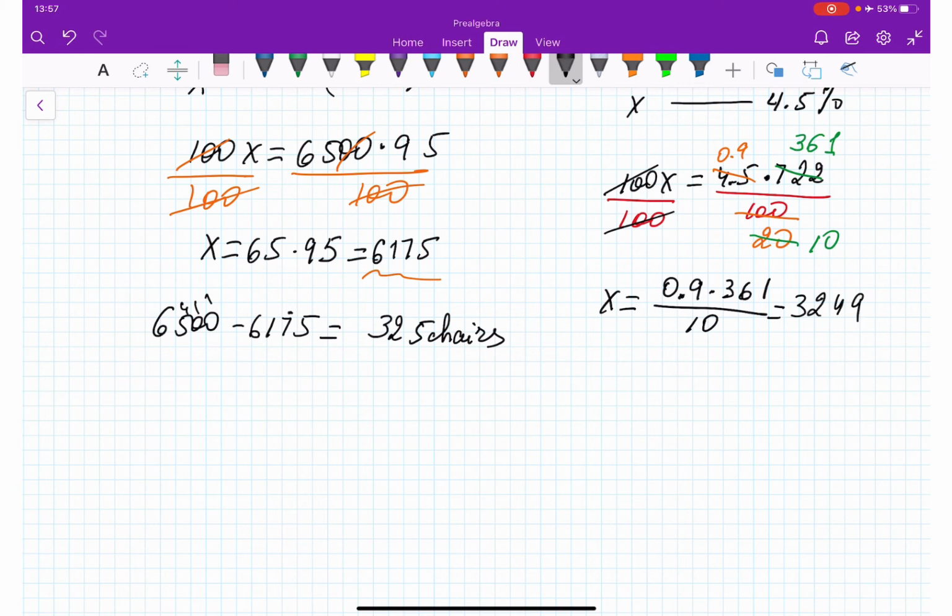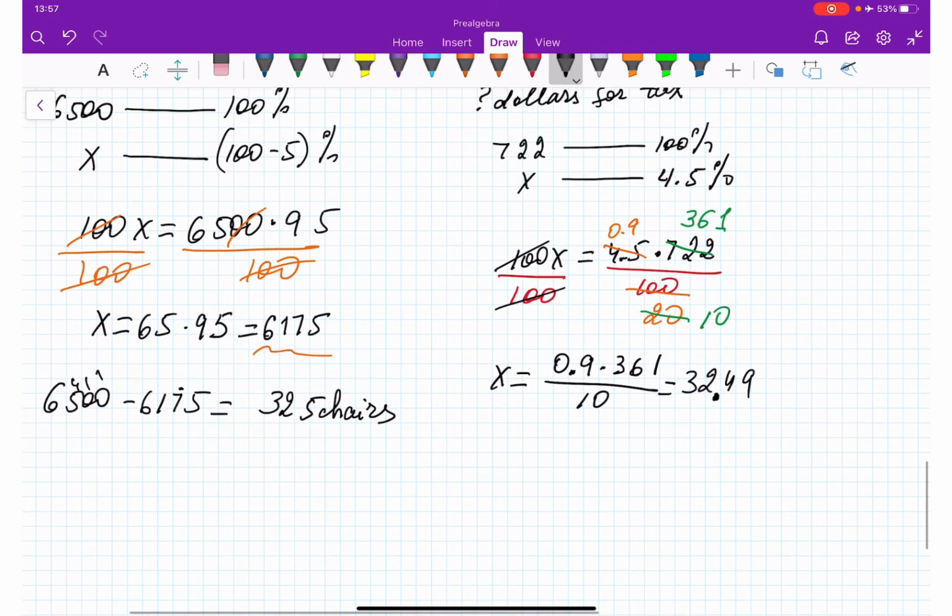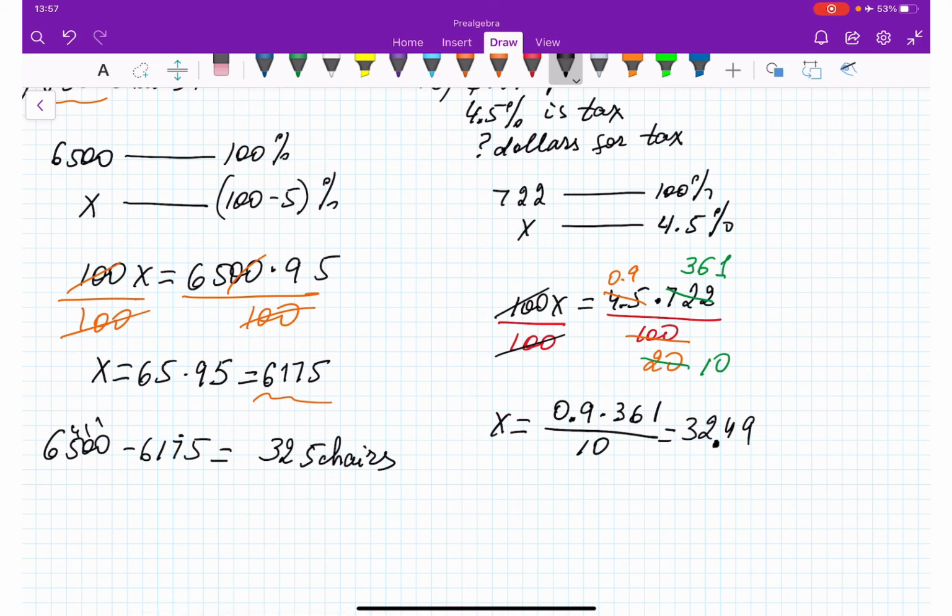Here I have one decimal, so I'm coming back one decimal, and then dividing by 10, moving one more, it's 32.49. So this is the dollar amount in taxes.